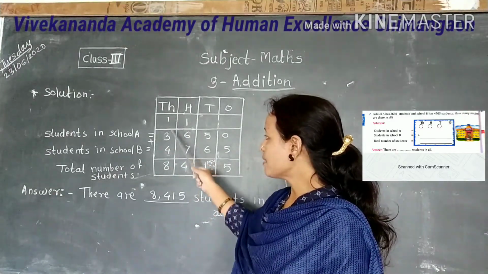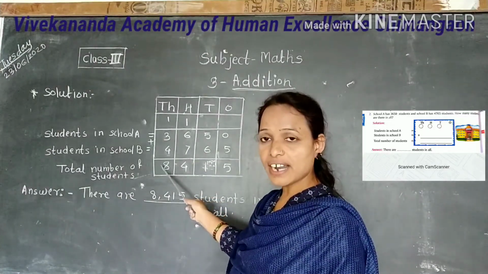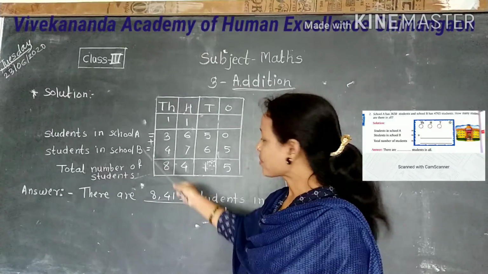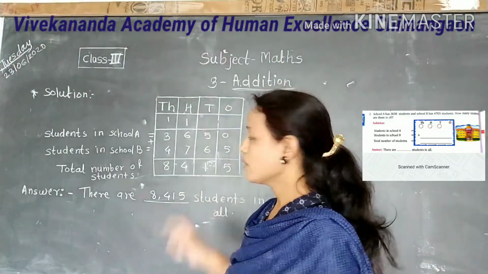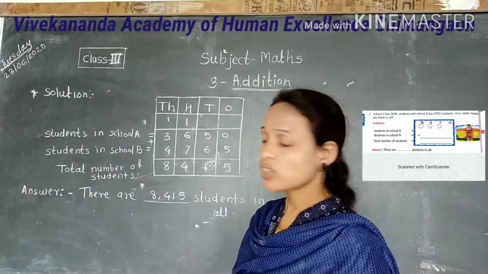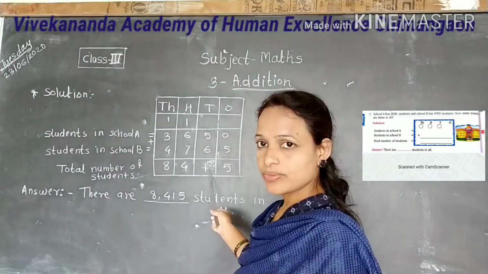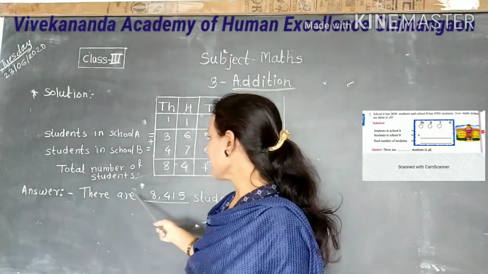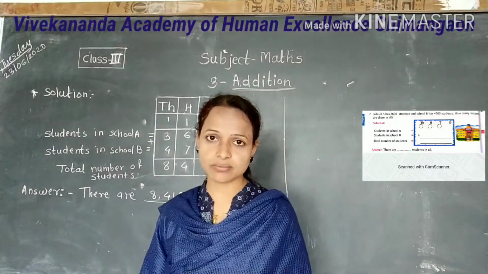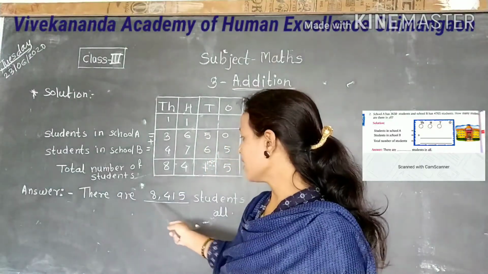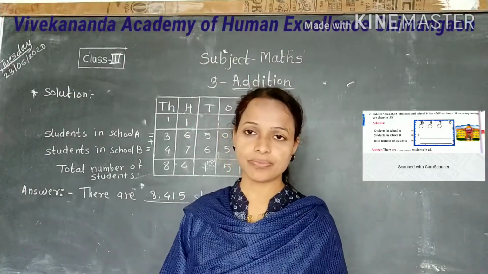Adding that, 3 plus 1 plus 4, 8,000. That 8 write in the thousands place. In this way we add the given numbers and we got the sum 8,415. So what is your answer? There are 8,415 students in all.